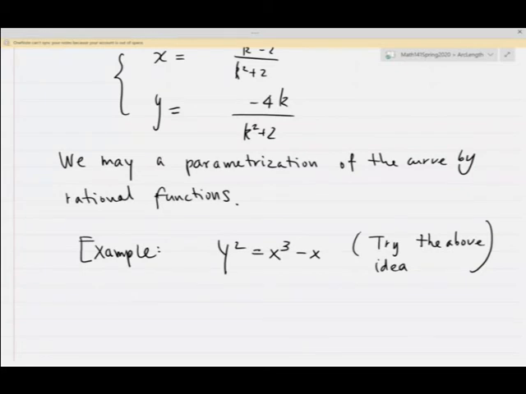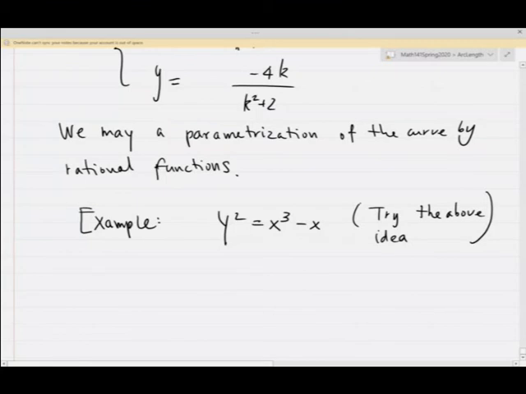Okay, then in this example, first of all, you can find a rational point. For instance, x is 1, y is 0. You can find a point. You can use the same idea. Let's see what happens. Okay, then the intersection in general, you get 2 points. And then somehow you need to solve a quadratic, and it's not so lucky. When you solve a quadratic, the discriminant is not in general a perfect square.